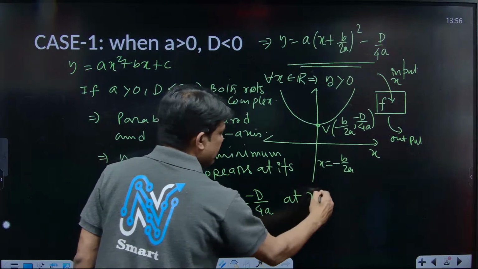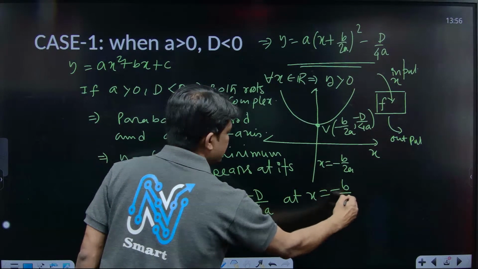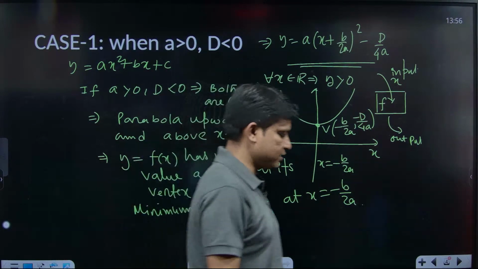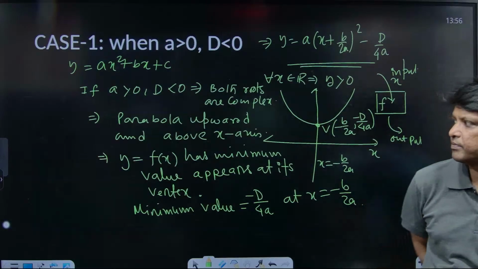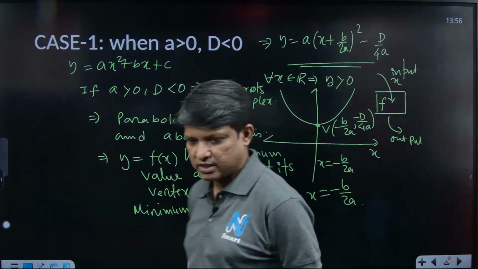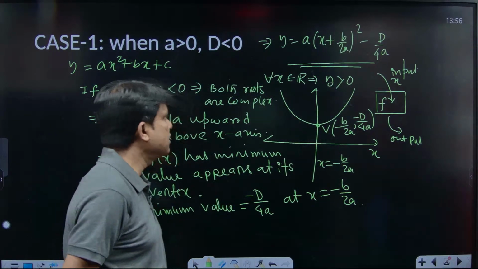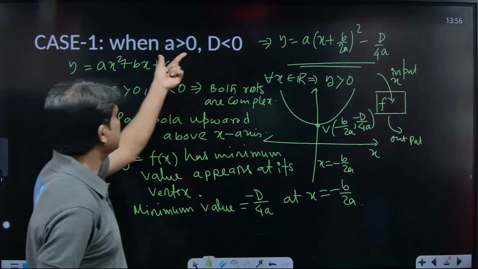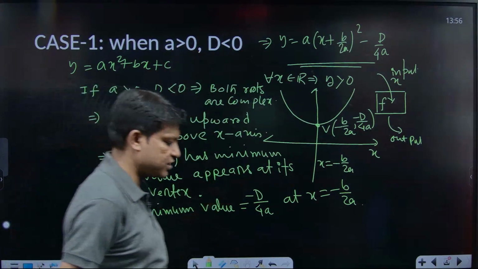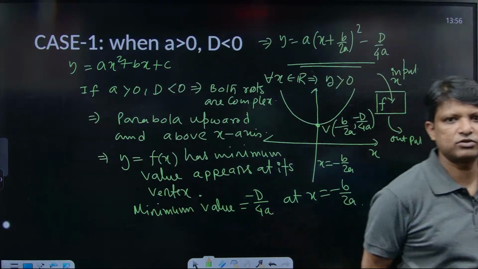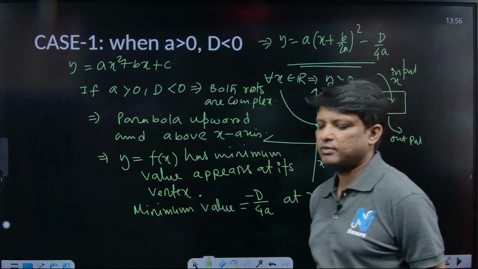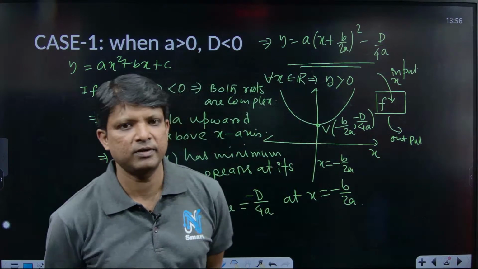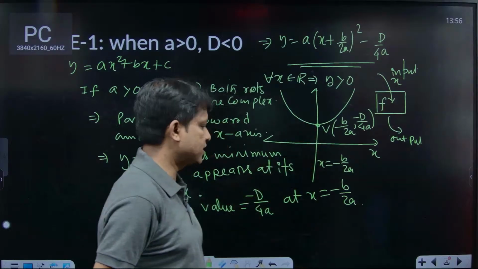At x equal to minus b by 2a, this is the point where f(x) gives the minimum value. We can give an example: when a is positive and D is negative, complex roots appear, the function's parabolic path is an upward parabola, so a minimum value exists.